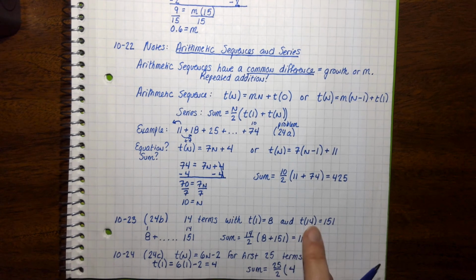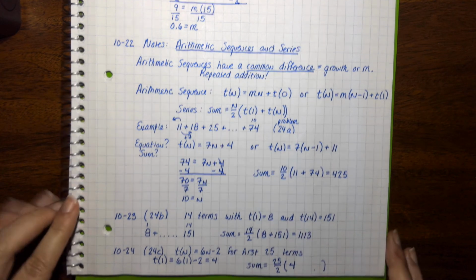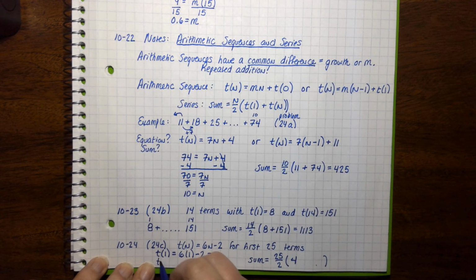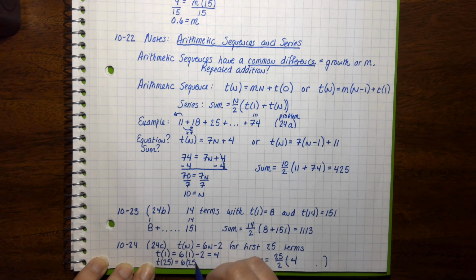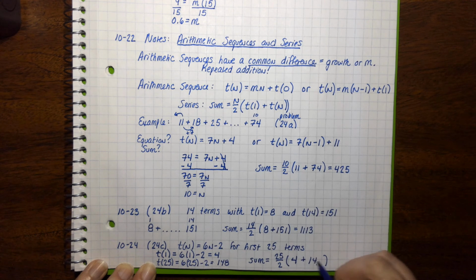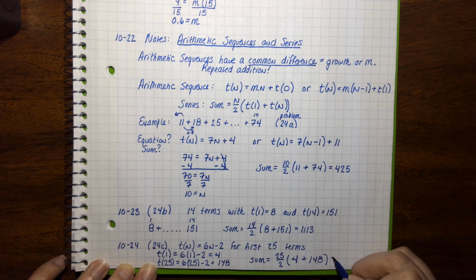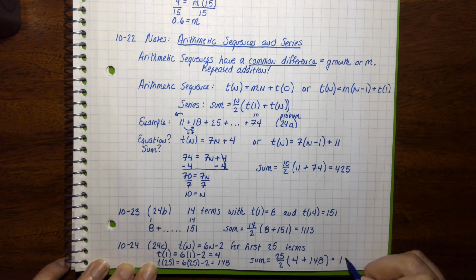Notice here, they even gave you a hint. t of 1, t of 14. So I should do t of 25. And that is 148. And when you calculate this sum, you get 1,900.